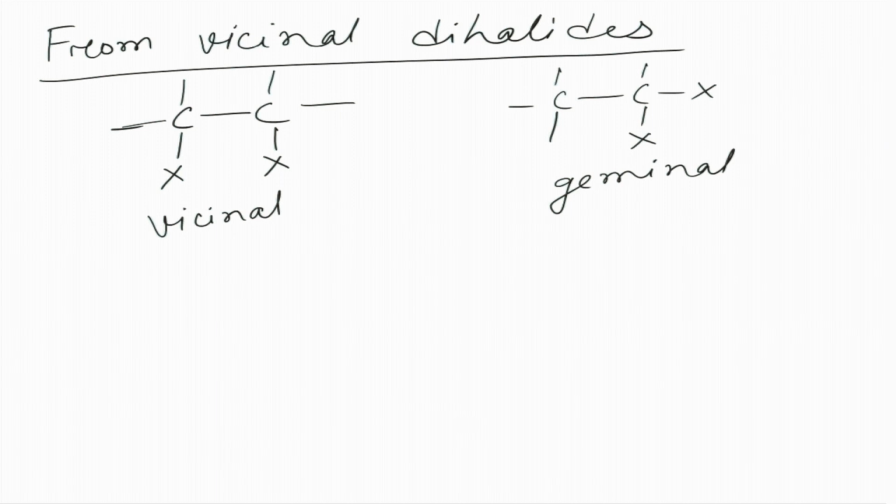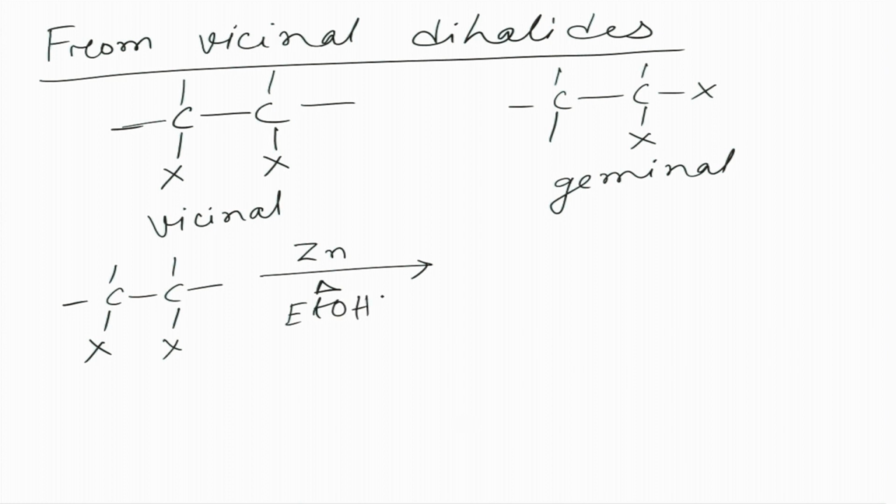From vicinal dihalides, we can form alkenes. So this is one vicinal dihalide. In presence of zinc metal and heat, and alcohol as solvent, alkenes are formed.